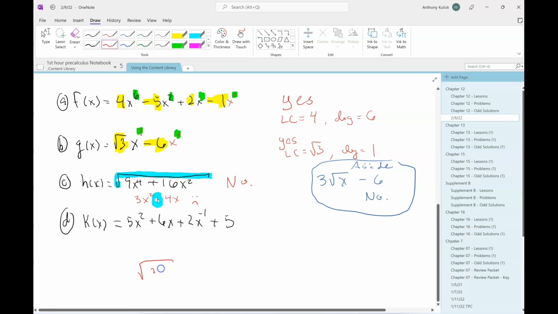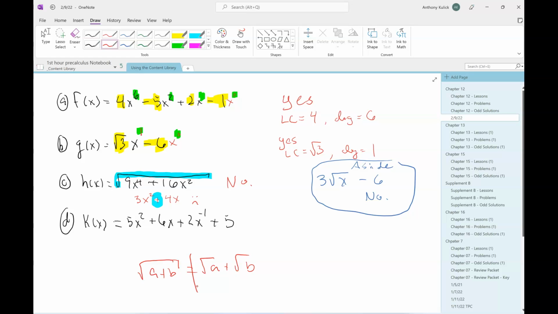Basically, the square root of a plus b is not the square root of a plus the square root of b. That's not true. So that's why I can't do what I just did there.